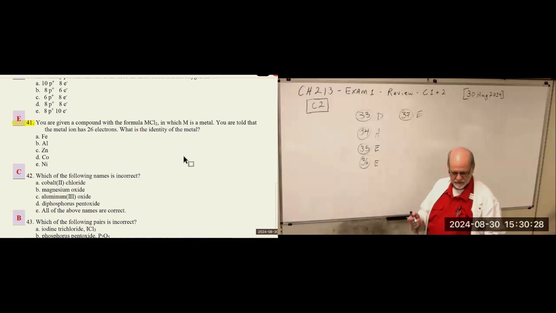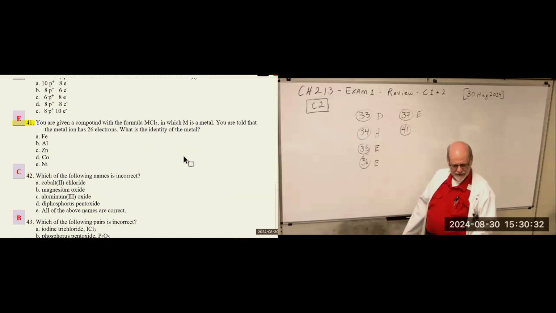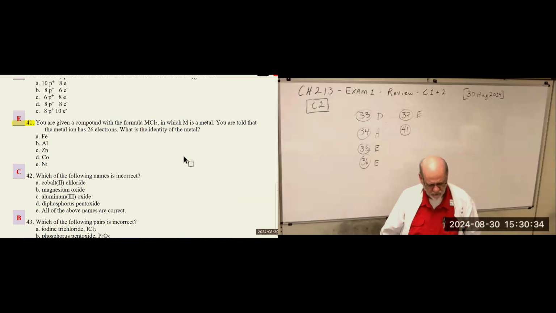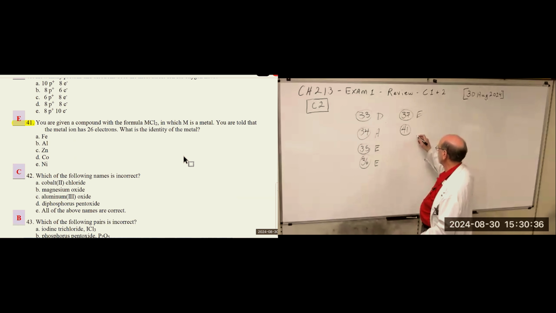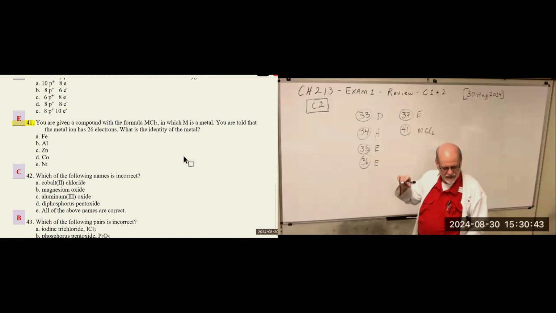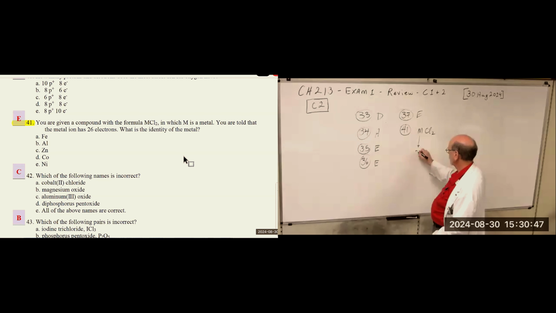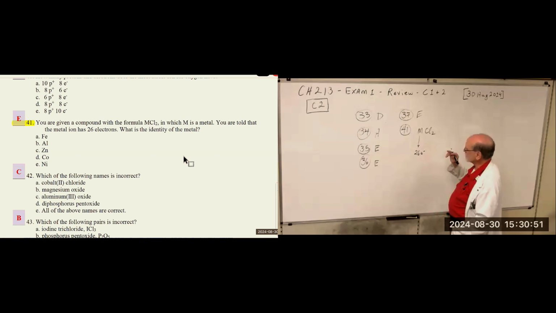How about 41? You're given a compound with the formula MCl2, where M is the metal. You're told that the metal ion has 26 electrons. What's the charge on that metal?